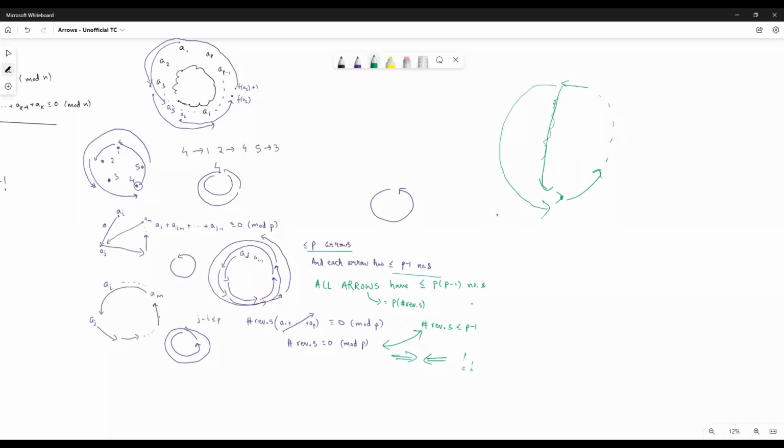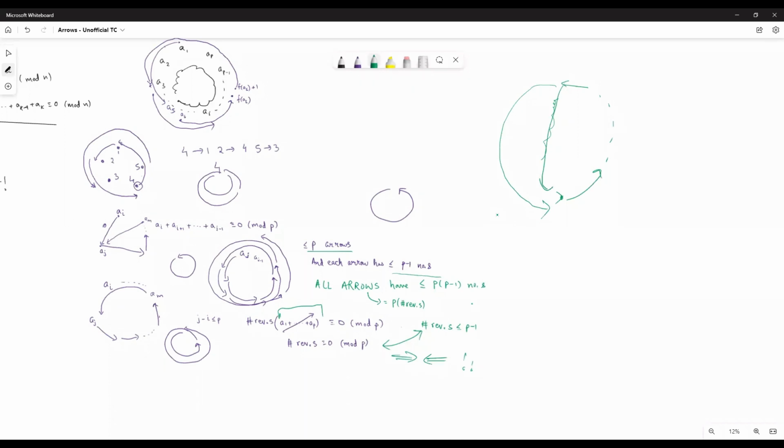But also, the sum of all numbers is the number of revolutions, which is the number of times each ai has occurred, times a1 plus a2, so on till ap. This thing, a1 plus dot dot dot plus ap, was given to us as not divisible by p.